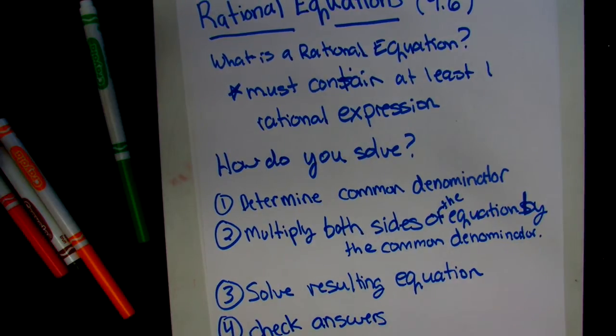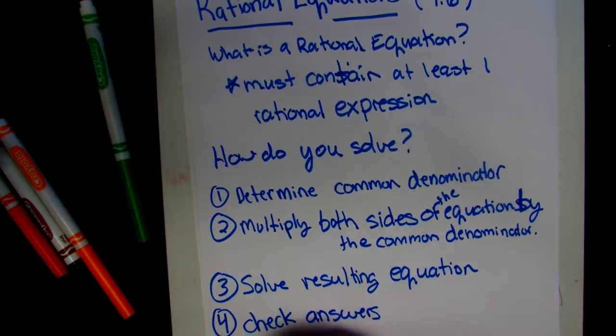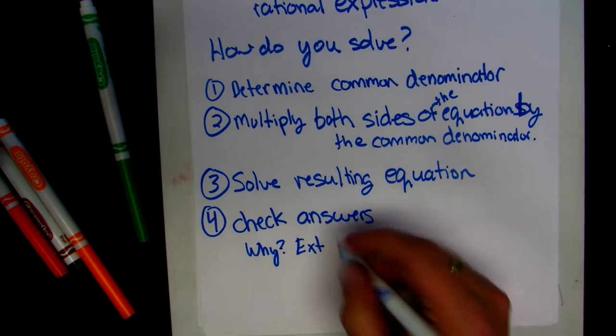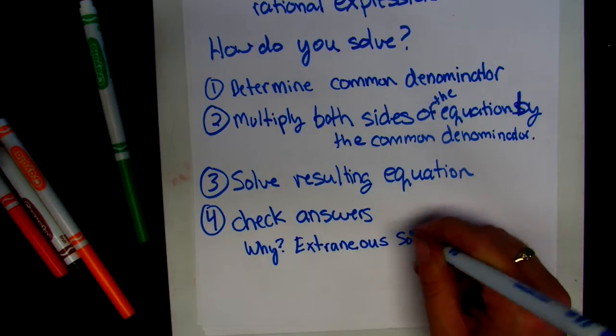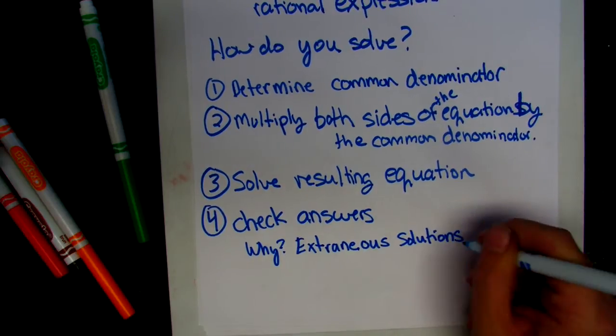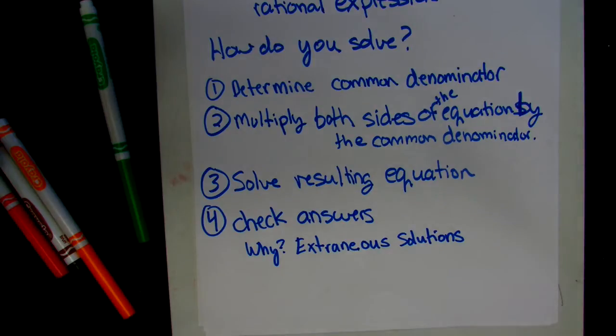Why do you have to check your answers? Because you need to look for extraneous solutions. Extraneous kind of sounds like extra, right? Extraneous solutions are solutions that, if we put them back into our original problem, either the equation doesn't work or we get an undefined rational expression, so we're dividing by 0.